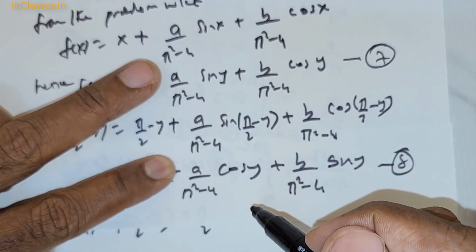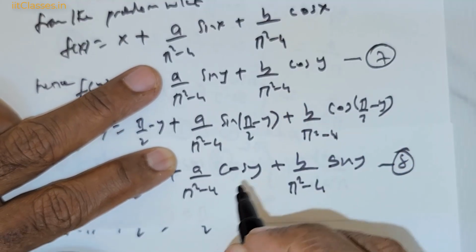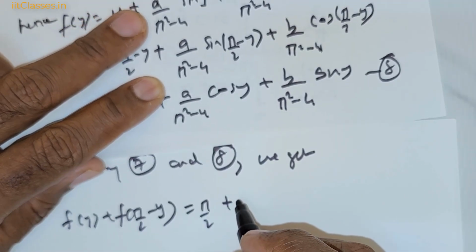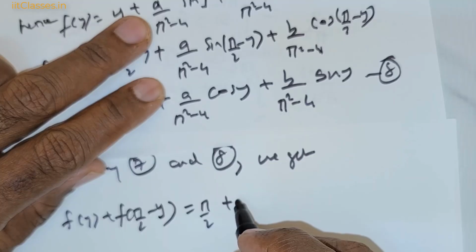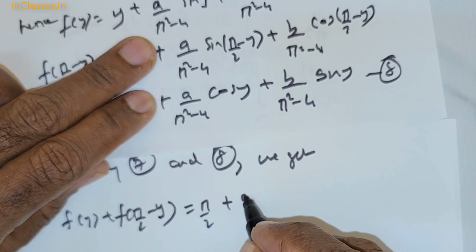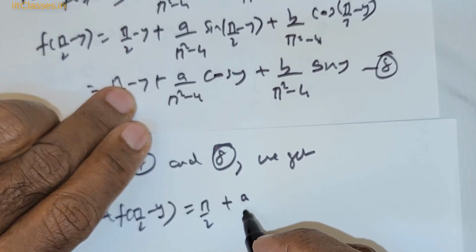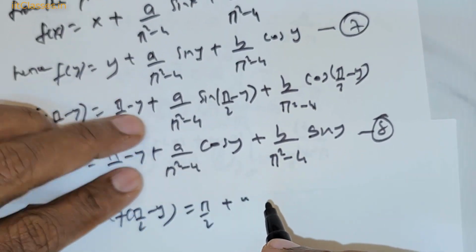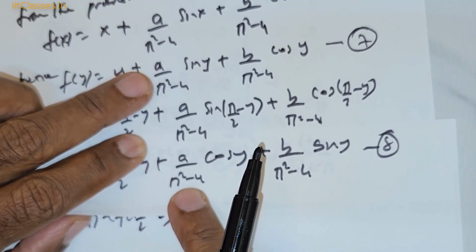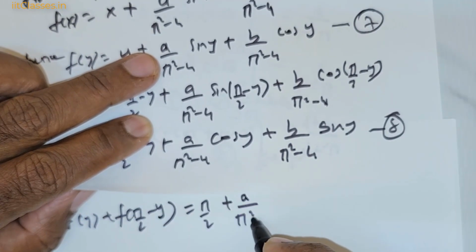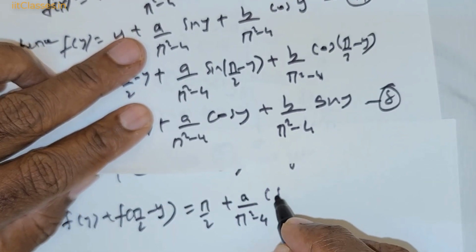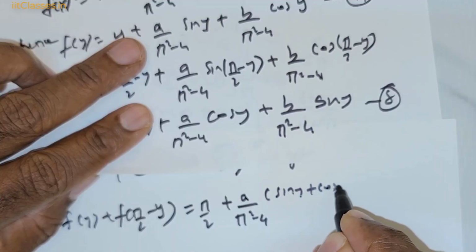So you have a over pi squared minus 4 taken out, and you have sine y plus cos y.